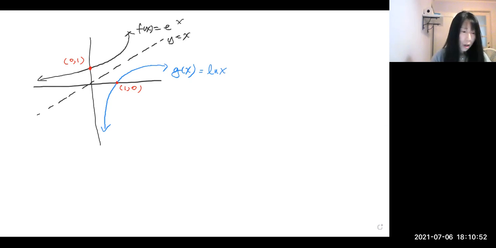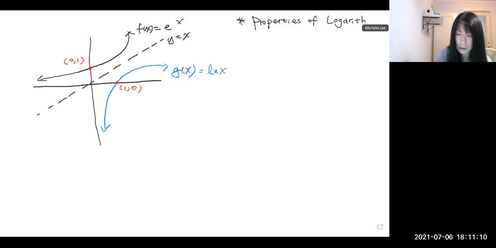Okay, now this is from pre-calculus, properties of logarithms and intermediate algebra. So, properties of logarithms. A, B, C are greater than 0, B cannot be equal to 1, and r is any real number.